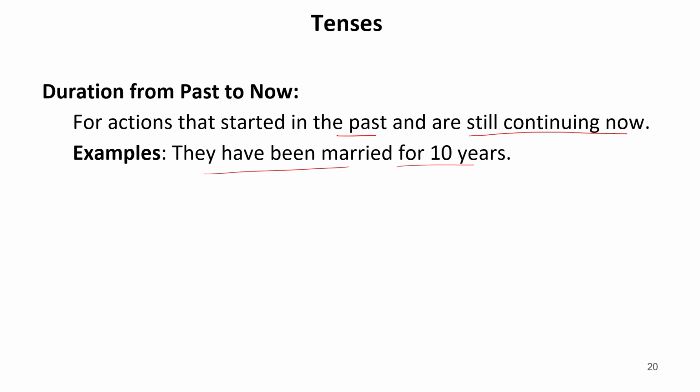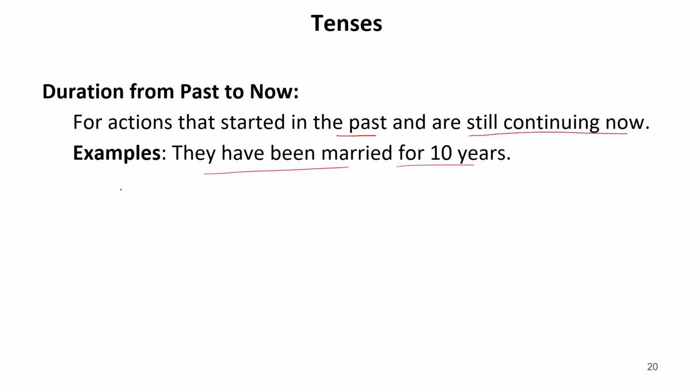I cannot say they are marrying. Marrying is a process, but marriage is not a process. It is actually an action that takes place on one day only. It is not continuous. The life of two persons after being married, that continues.